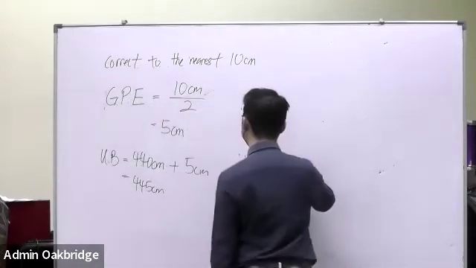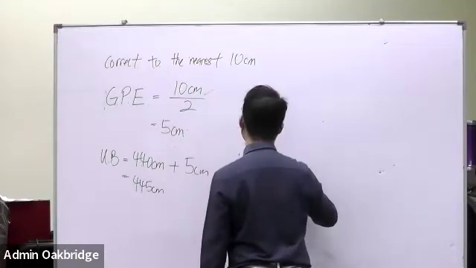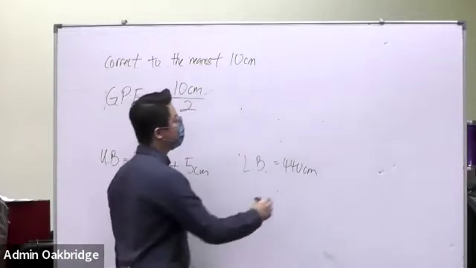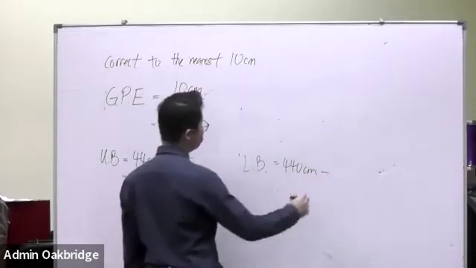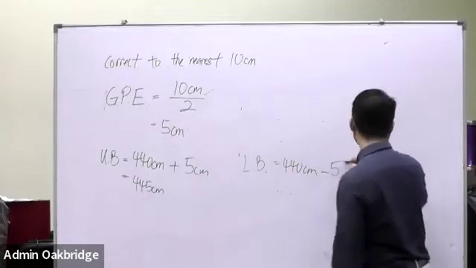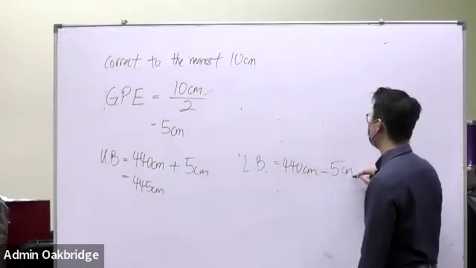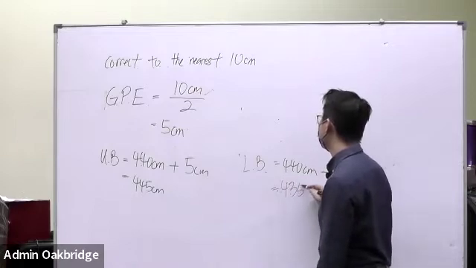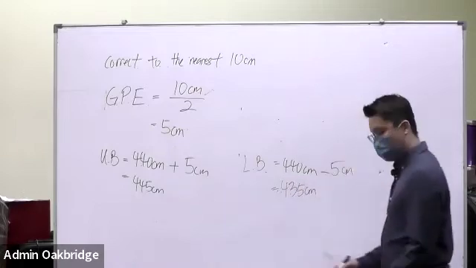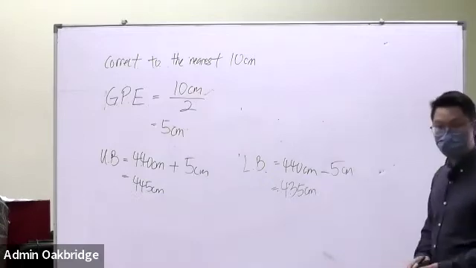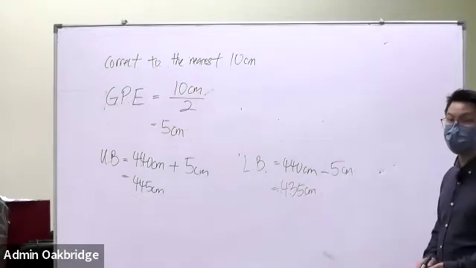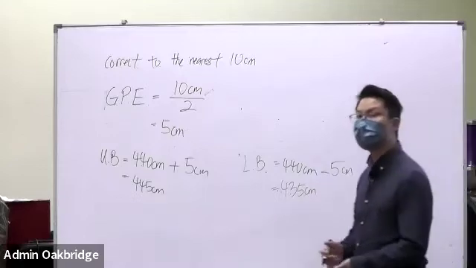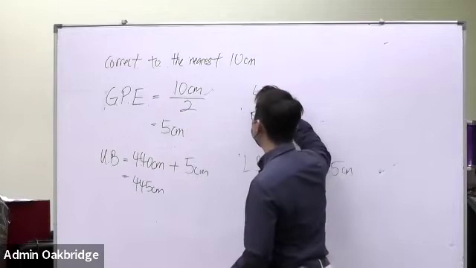Lower bound, you take the measurement 440 cm minus 5. So you get 435 cm. But you can't write the answer in this way because the question asks for the statement. The way to answer it is using the inequalities. So 435.